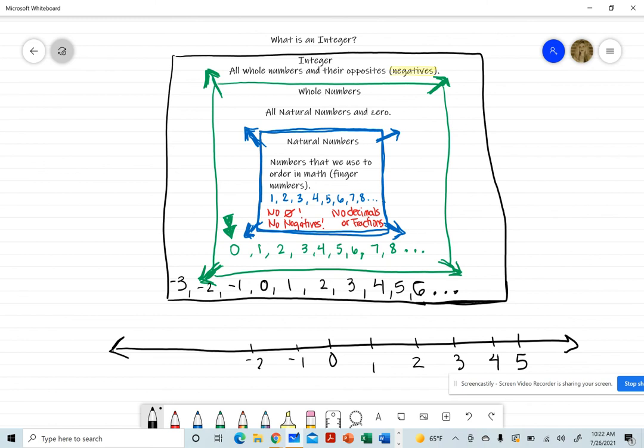And then we go to their opposites. So all of these right here on this number line are considered an integer. Okay? Integers do not comprise fractions and decimals, but they are positive and negative whole numbers. All right. Hopefully this helps as we travel on through the next part of our chapter. Thank you.